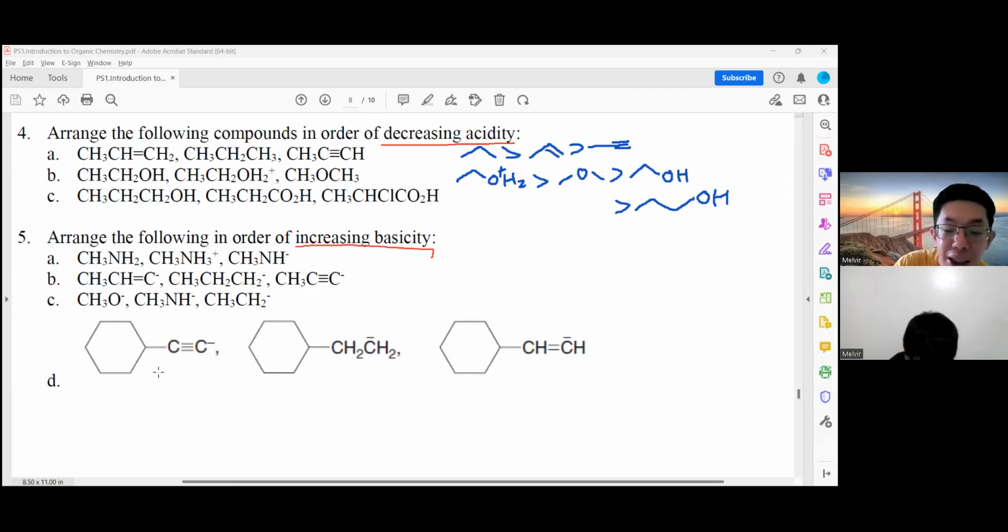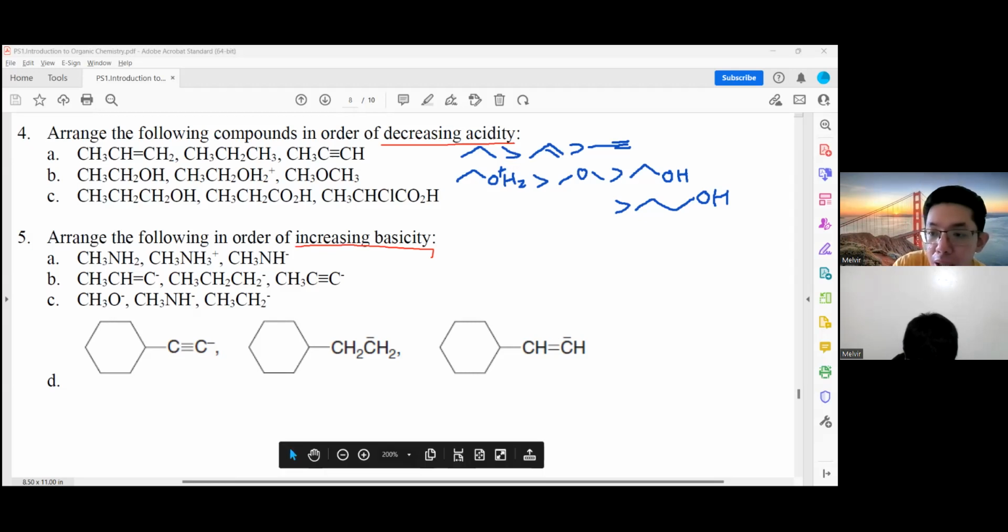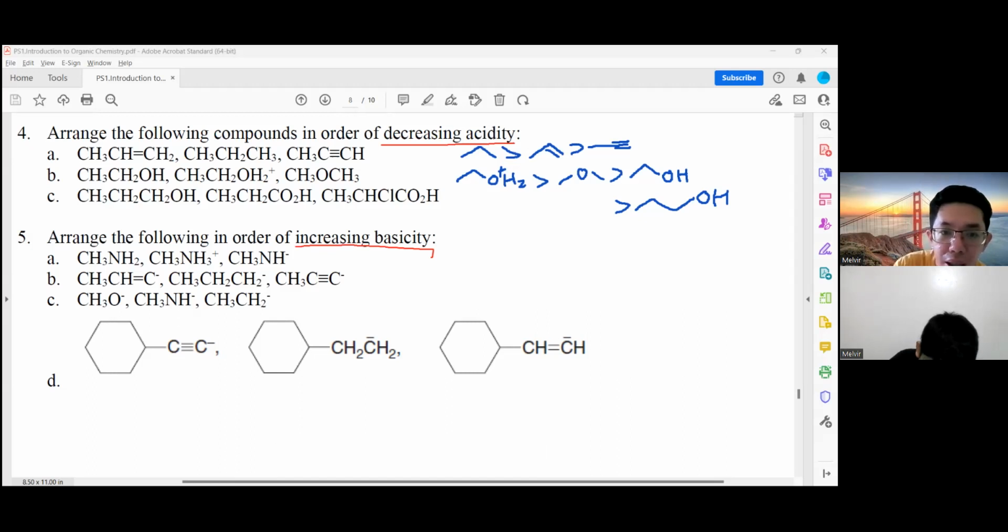So, decreasing acidity yan, ha? Again, you start first with the most acidic one, then followed by the intermediate acidity, then the last will be the least acidic. For number 5 naman, increasing basicity.